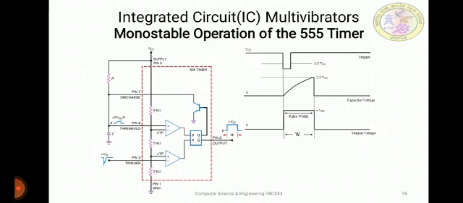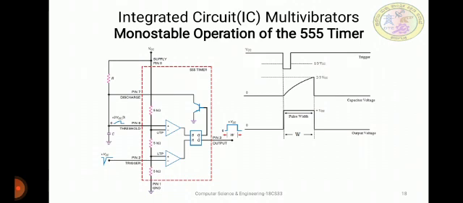This causes the output to change back to its original stable value, that is the low value, awaiting another trigger pulse to start the timing process over again. As before, the monostable multivibrator has only one stable state. That is why we say the monostable multivibrator has only one stable state.